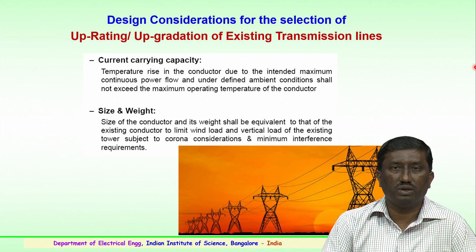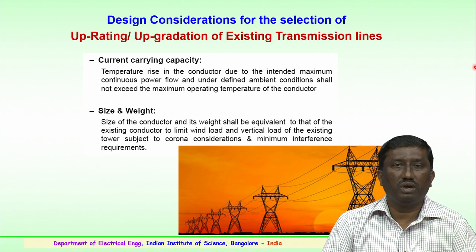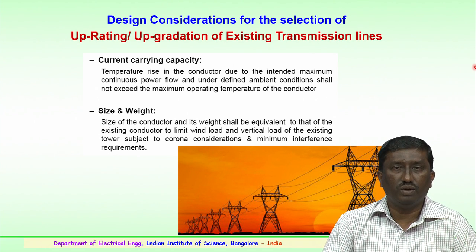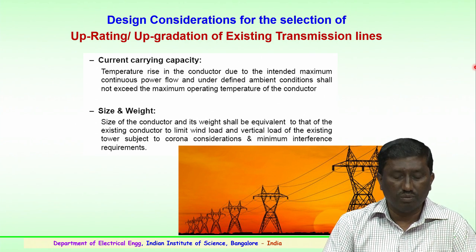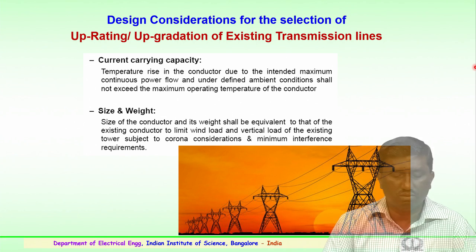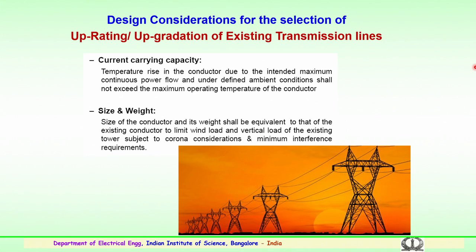In case of the high temperature conductors, typically between 150 to 200 degrees is the current carrying capability. The size and weight of the conductor should also be equivalent to that of the existing ACSR conductor.